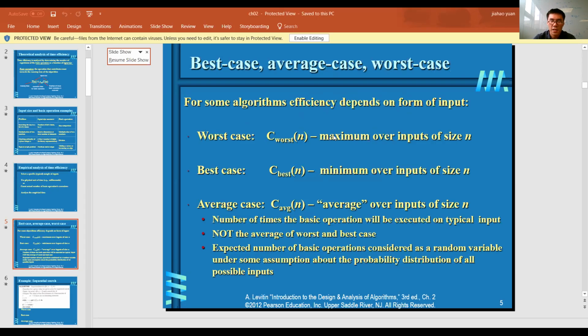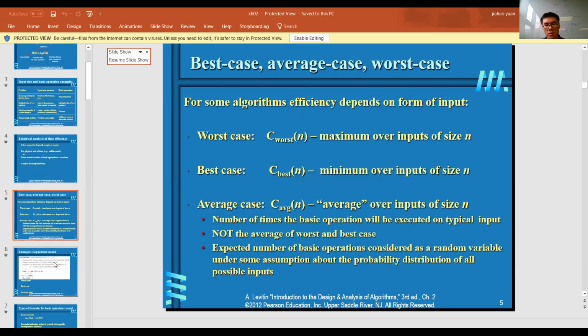If you design an algorithm which works great, fantastic in every condition, then you should expect that the worst case is almost as good as the best case. We will see some examples later, so let's keep this part going.